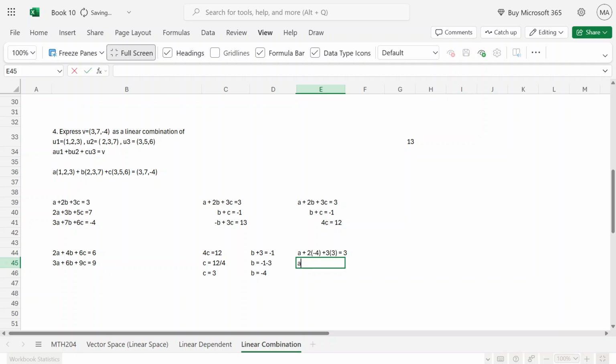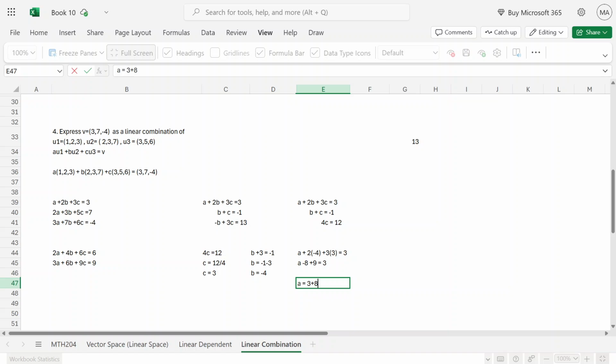Now let's rewrite it. a minus 8 plus 9 equals what? Equals 3. Now you can rewrite as a equals 3 plus 8 minus 9. And what's that? 3 plus 8 is 11 minus 9, that's 2. So a equals 2.